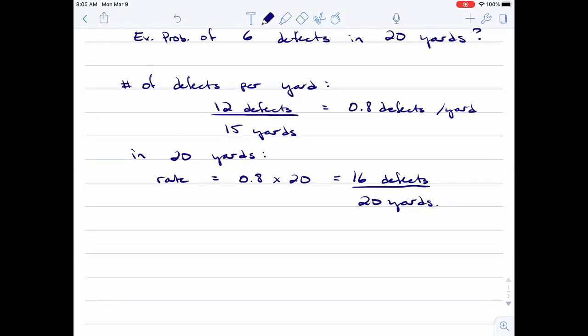So the rate for 20 yards is going to be 16. So the 0.8 is per yard for each yard. But then if we're looking at a 20-yard block, then the rate would be 16 defects per 20 yards. Okay. Yeah.